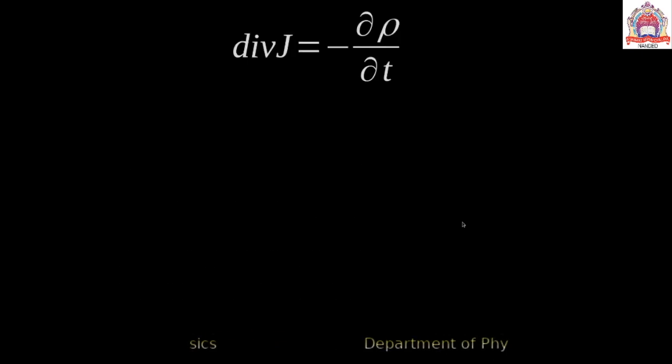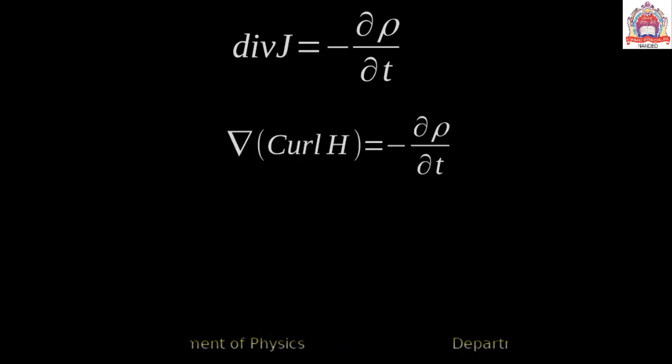Now let us put it into the equation of continuity, which is divergence of J is equal to minus dou rho by dou t. So take the divergence: in place of J, I am writing curl H. So divergence of curl H is equal to minus dou rho by dou t.